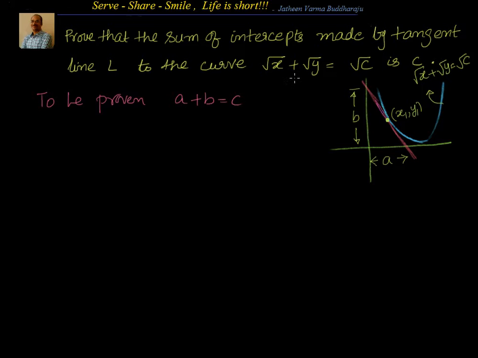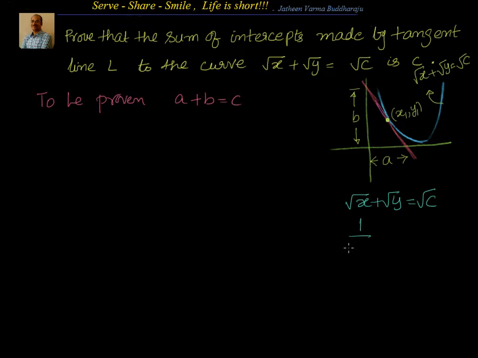First we will use differentiation and try to find out the slope of the tangent line. But we also know two points because we know the intercepts. We also know the slope of the tangent line in terms of the intercept. So let's do that first. First let's try to find out what is dy by dx. I will say root x plus root y equal to root c.